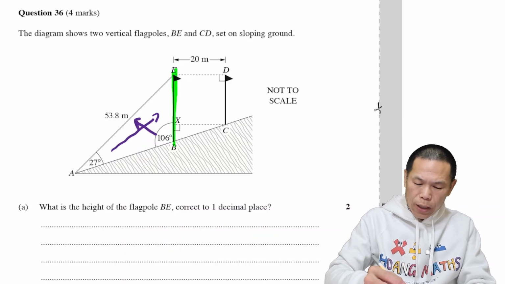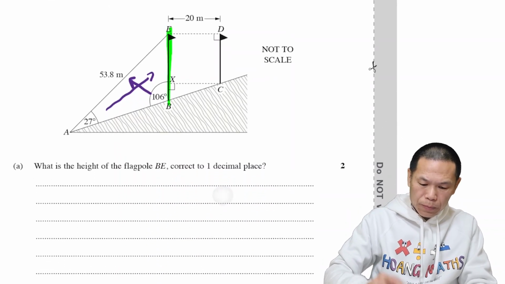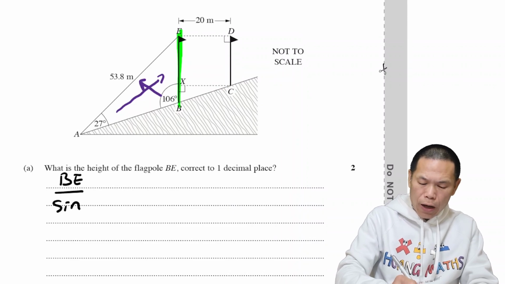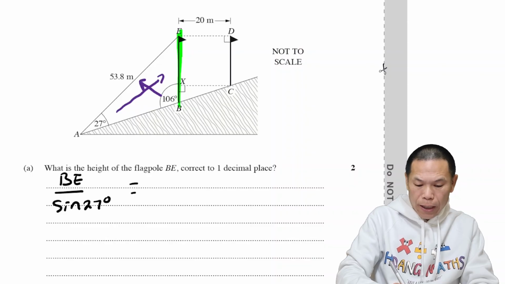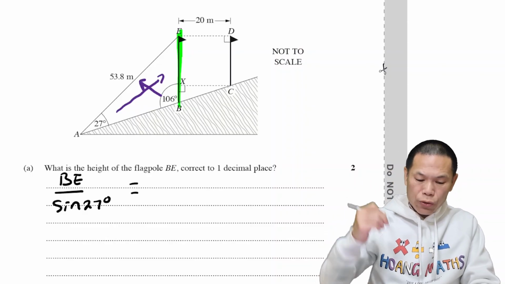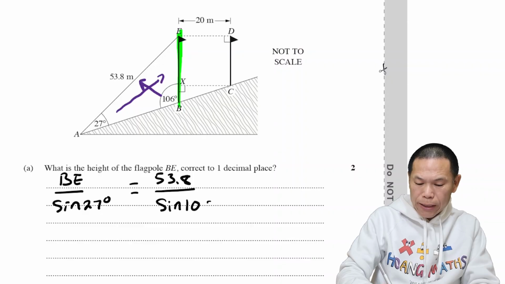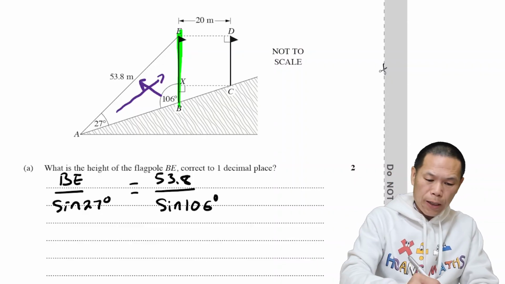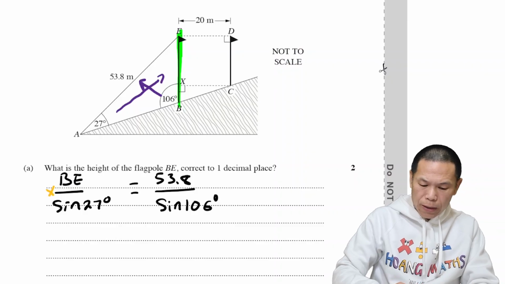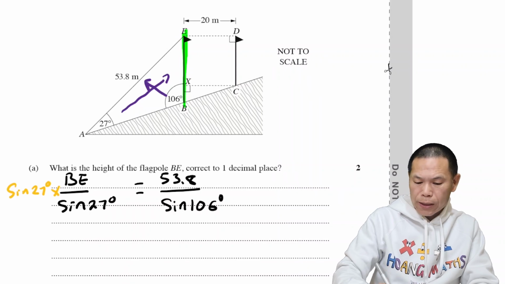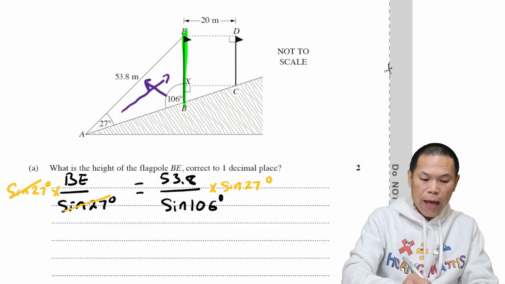In other words, BE over sine of 27 degrees is equal to 53.8 over sine of 106 degrees. Now to solve for BE, I multiply by sine of 27 degrees, so this cancels out.